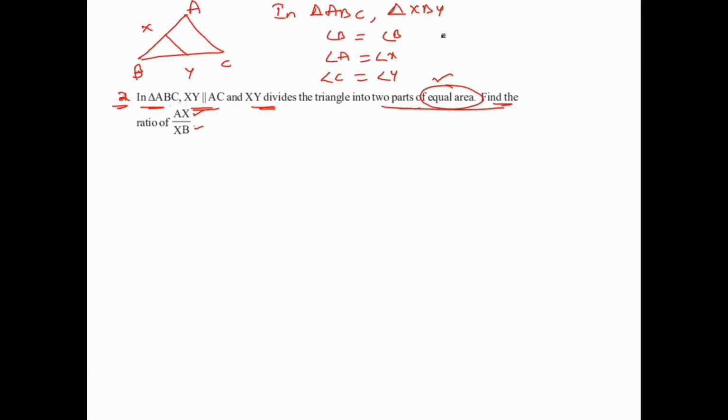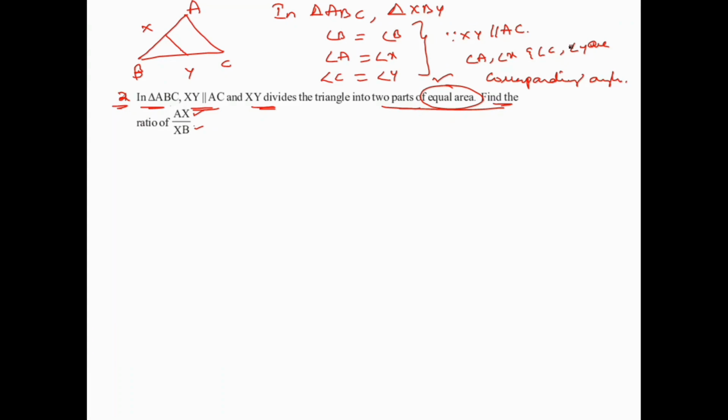Because XY is parallel to AC, and the other angles, that is angle A, angle X and angle C, angle Y are corresponding angles. Corresponding angles are always equal.